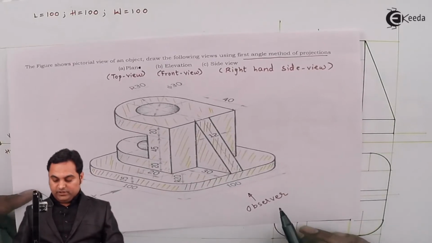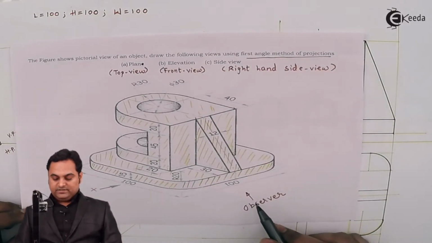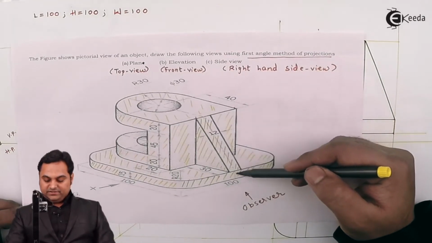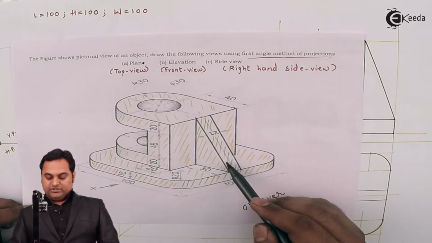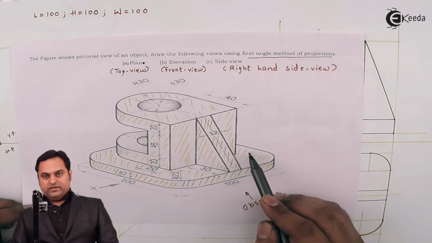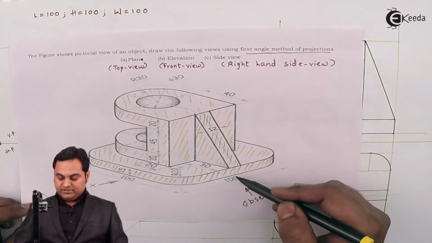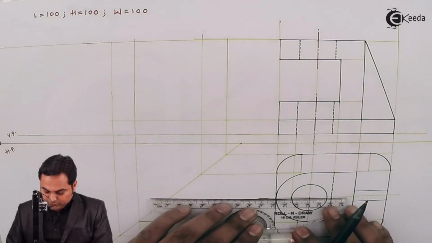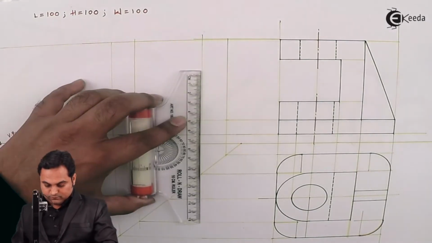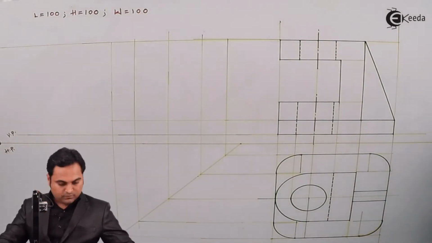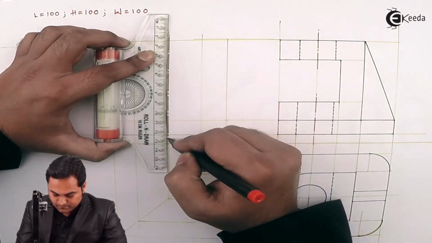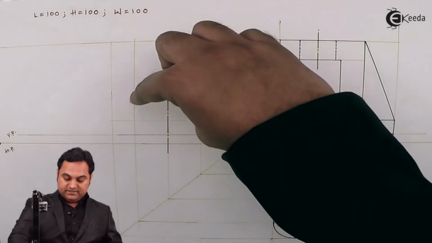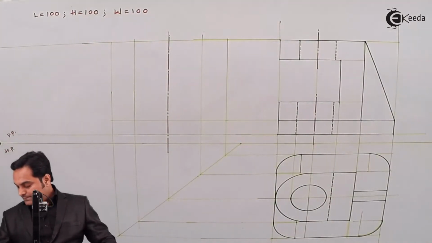Next, when we are looking from the side as an observer, this object is completely symmetric. If I consider this center line, whatever portion is there on the left hand side, same is there on the right hand side. So the object is symmetric. For that I'll draw the center line, getting the center line from the top view. So this is the center line. Then here is that rectangle portion which I have explained.